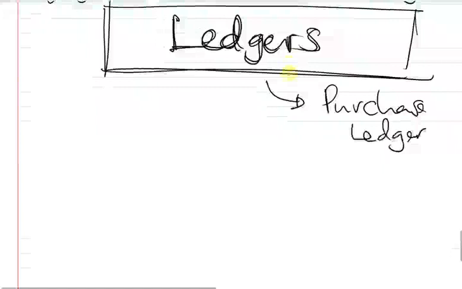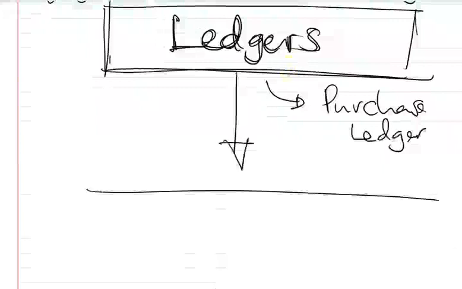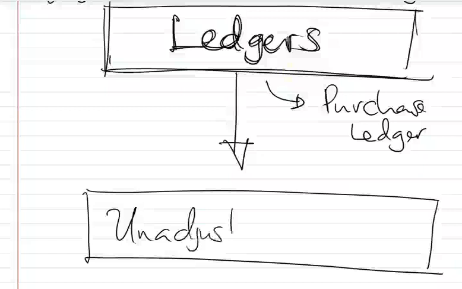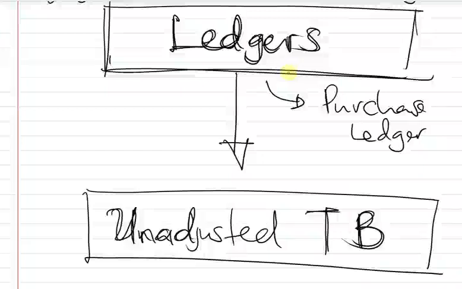From the ledgers, we are going to transfer this to the first trial balance, called the unadjusted trial balance. I'll call it TB, trial balance. We call this the unadjusted trial balance because we have not adjusted for year-end adjustments.